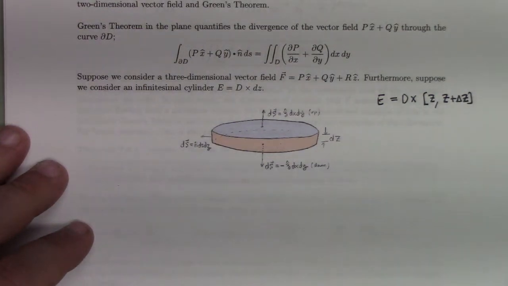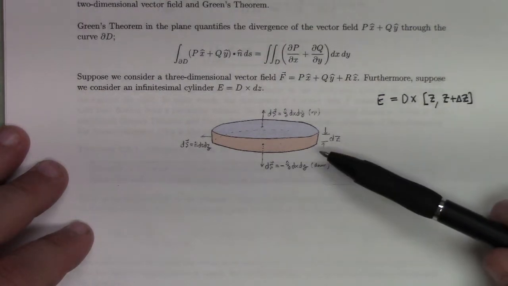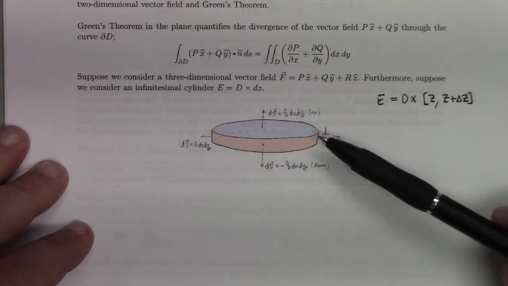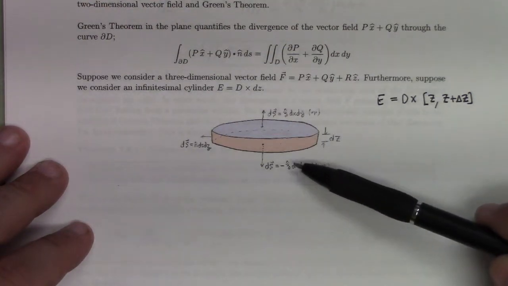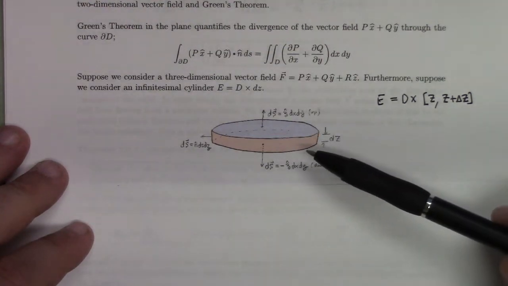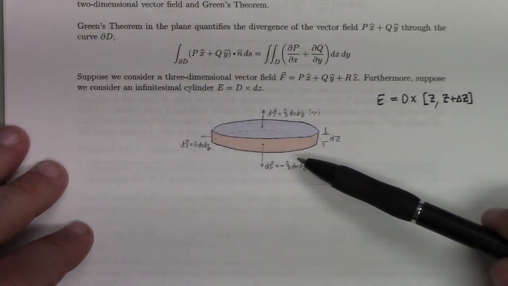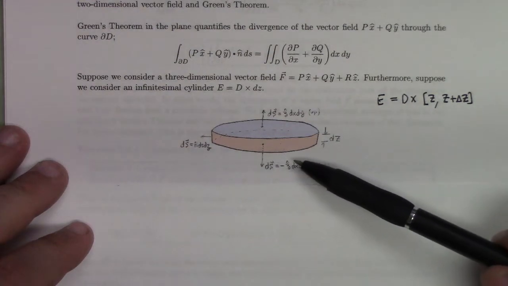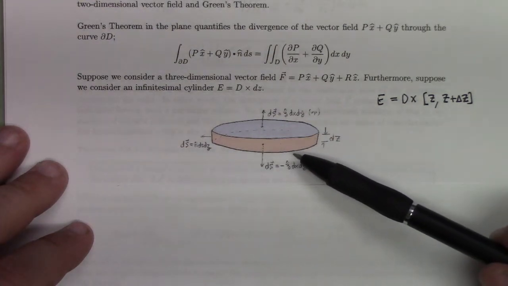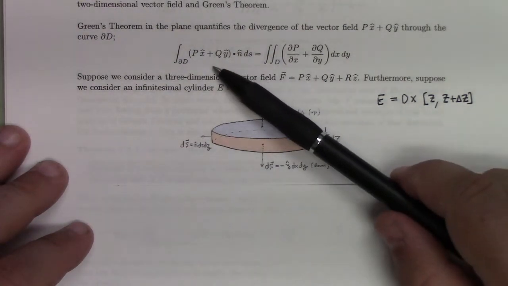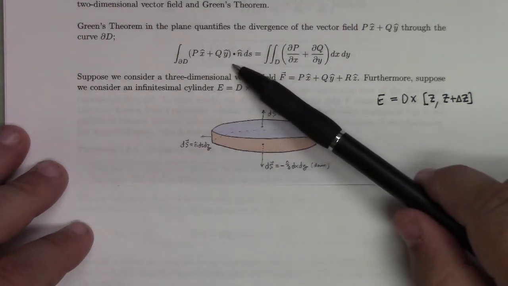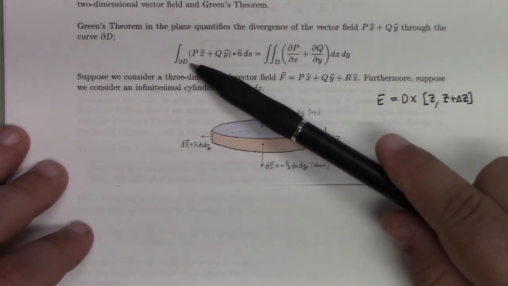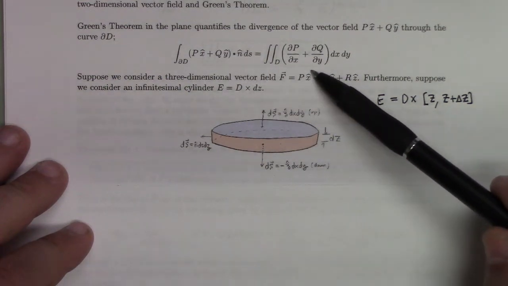So I can think about the flux of the vector field through this cylinder with caps in terms of three things: the up, the down, and the side. And the side, if I want to count the number of field lines going out the side, I'm going to be able to use the flux form of Green's theorem, which said that the flux through a curve, the boundary of D, would be this.